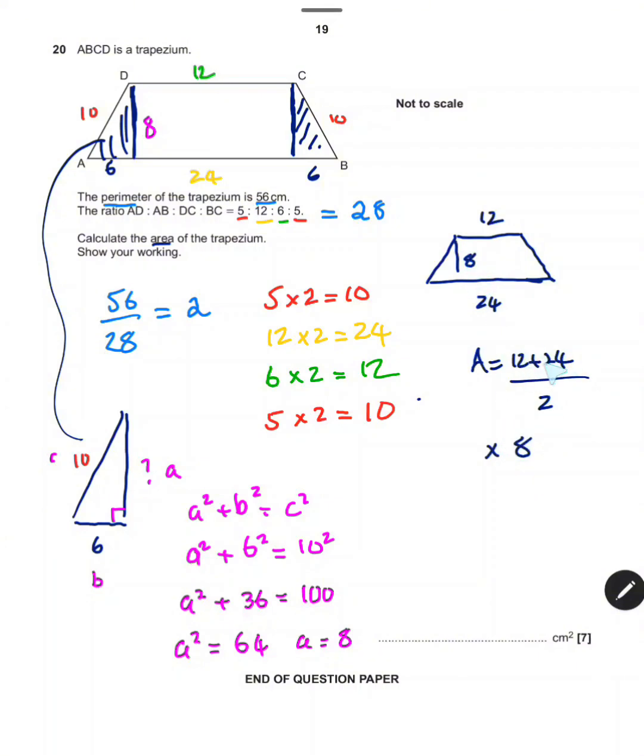So 12 add 24 is 36, divide that by 2 is 18. We need to do 18 multiplied by 8 in order to finish this question. So I'm just going to use a column method to do that. 8 times 8 is 64. 8 times 1 is 8. Add the 6 would be 14. Area of the trapezium is 144 centimeters squared.